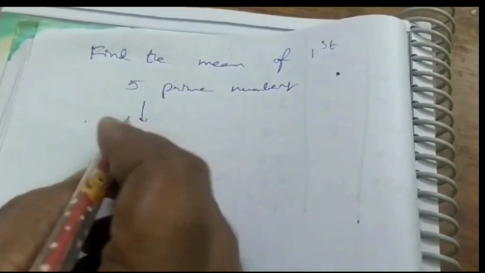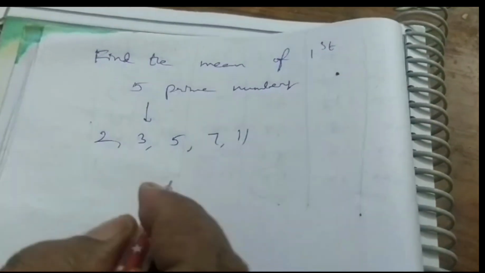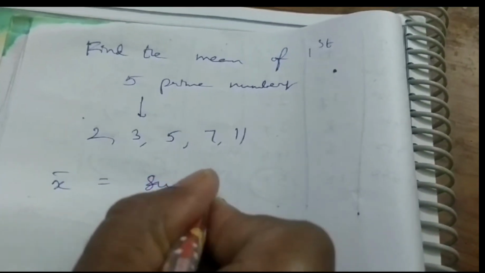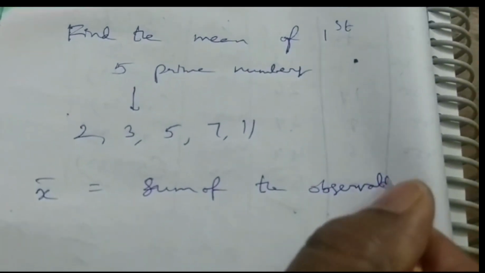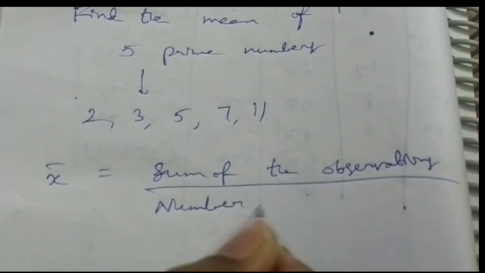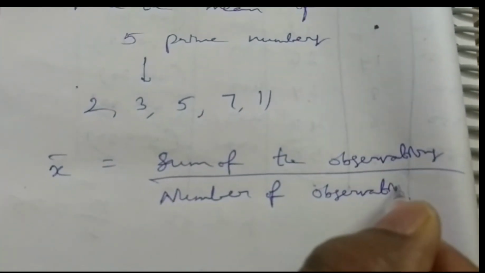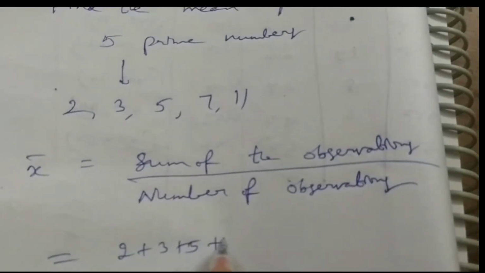First 5 prime numbers are 2, 3, 5, 7, 11. I need to find out mean. So sum of the observations by number of observations. It is must to write the formula when it is given for 2 marks. If it is given for multiple choice, we can directly add and divide in the mind itself, and we can write it.